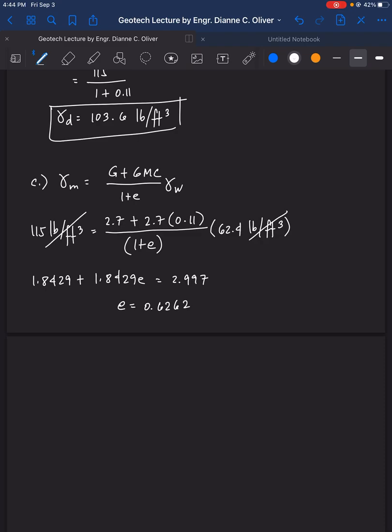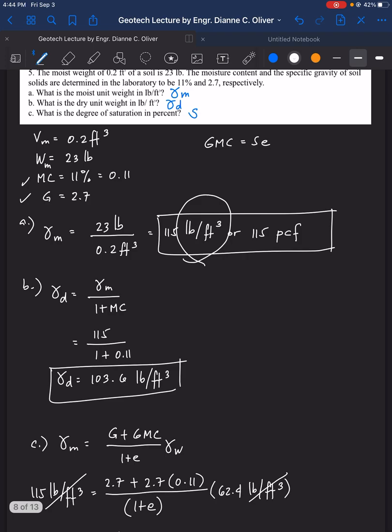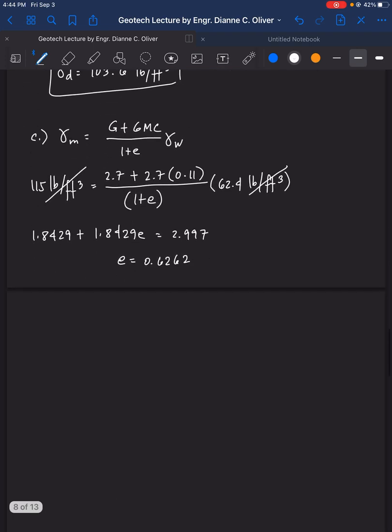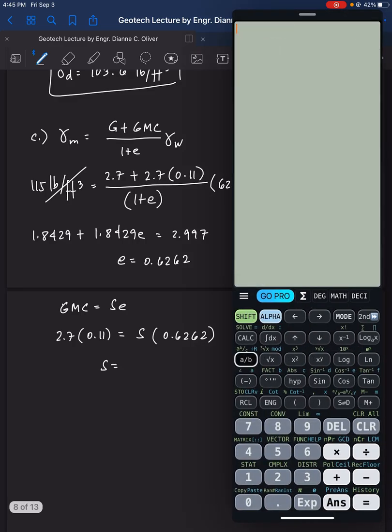And what are we looking for again? It's degree of saturation. So we have G MC equals SE. The value of G is 2.7. MC is equal to 0.11. S is missing. E is 0.6262. So S is now equal to 2.7 times 0.11 all over 0.6262.